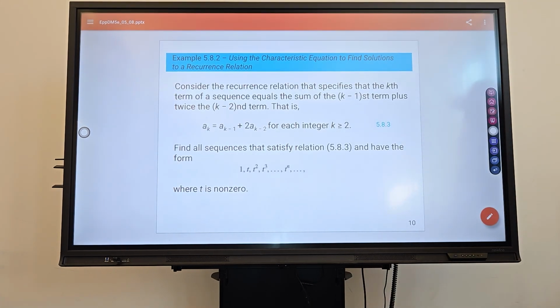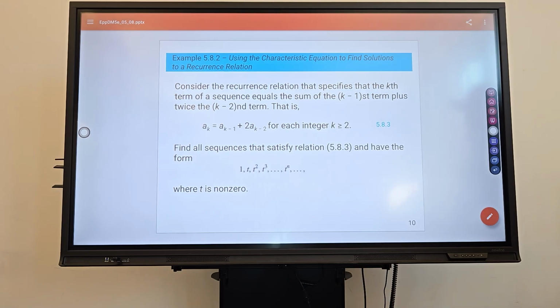Consider the recurrence relation that satisfies that the kth term of a sequence equals the sum of the k minus 1 term plus twice the k minus 2 term. That is, a sub k equals a sub k minus 1 plus 2 times a sub k minus 2 for each integer greater than or equal to 2.